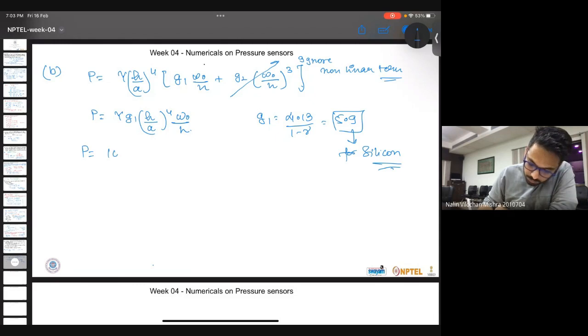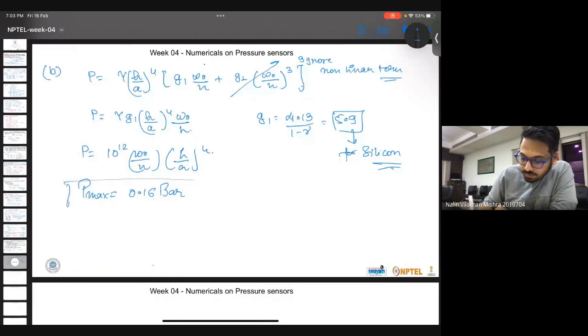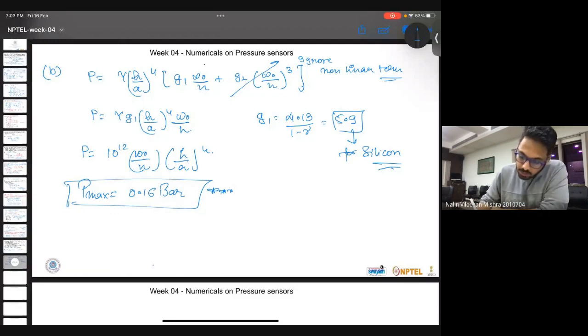So we can put the values. After solving it, you will get the value of Pmax, which is 0.16 bar. I hope you guys are also getting the same answer.